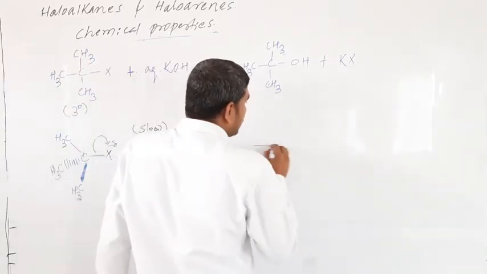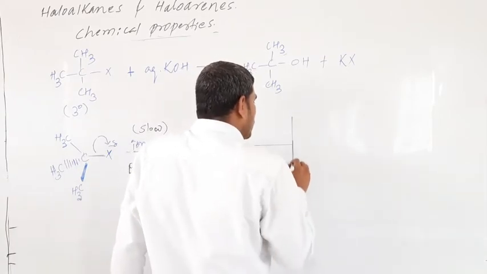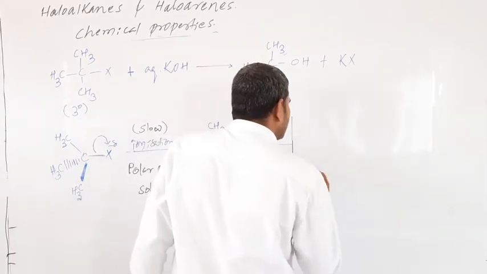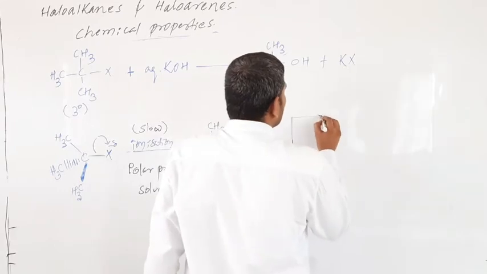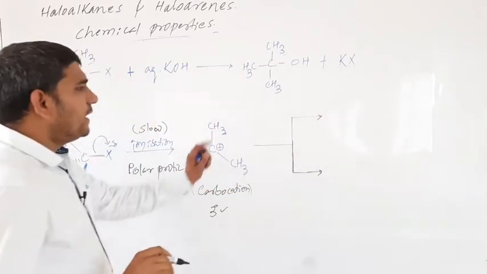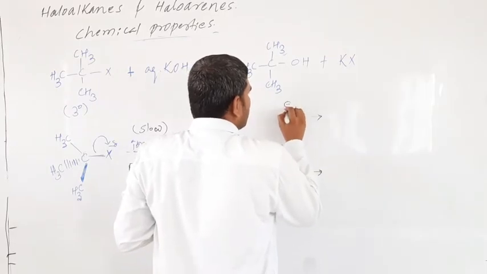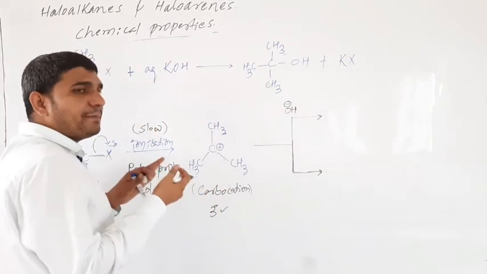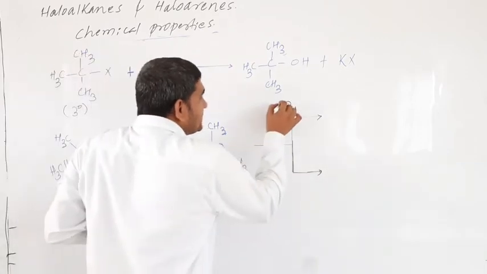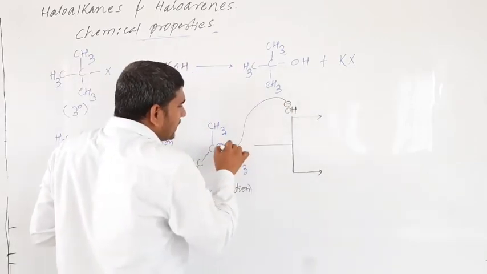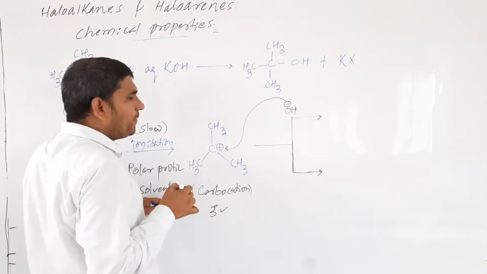Now, step 2 is, after the slow step, what happens? Nucleophile comes over here. Listen. This nucleophile can attack from what? The same side of the halogen atom.